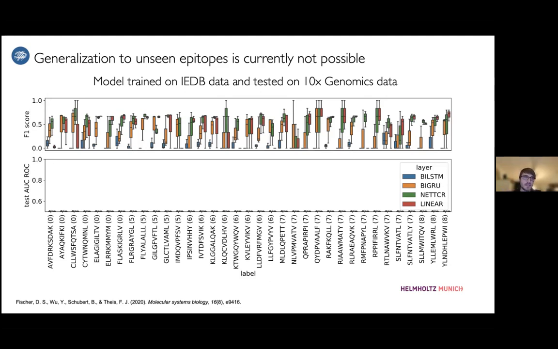And this is clearly not enough to approximate and generalize across this epitope space. So we need much more sophisticated models, and models that perhaps take into account structural information, to be able to do any kind of generalized predictions.